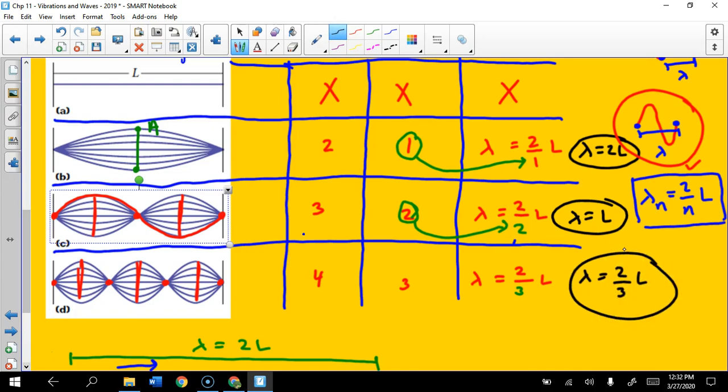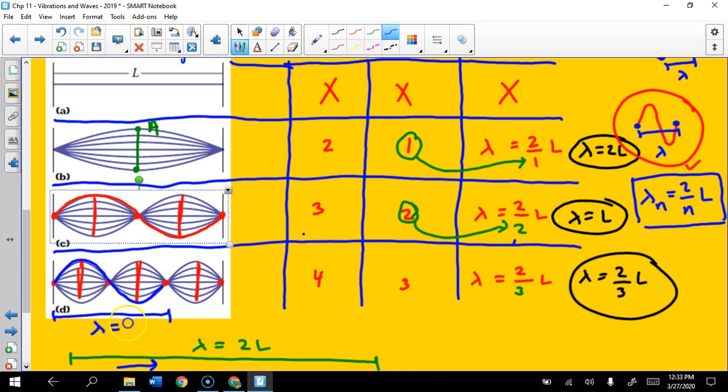If we go back to the diagram and try drawing one wavelength, a wavelength looks like this right here. Notice that we have completed one wavelength. But guess what?